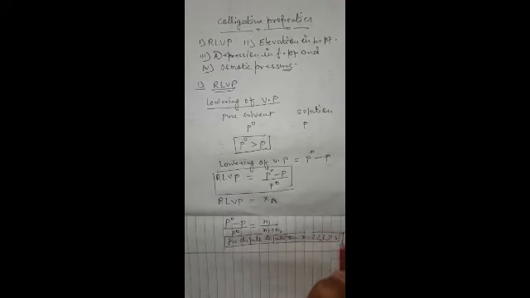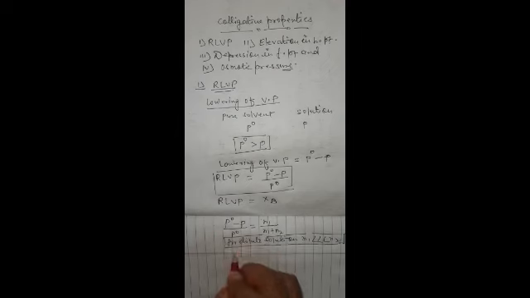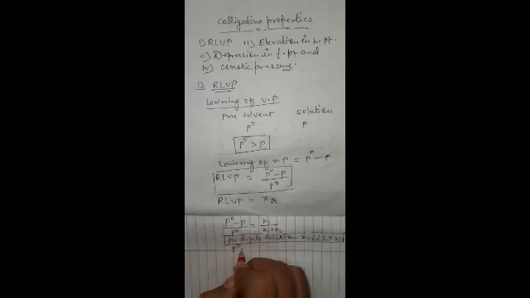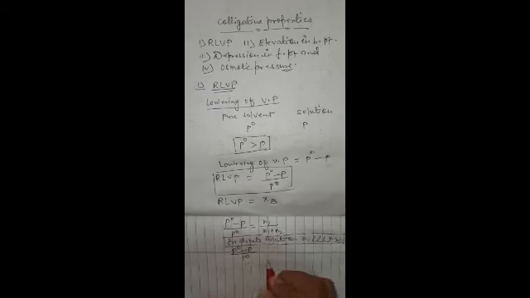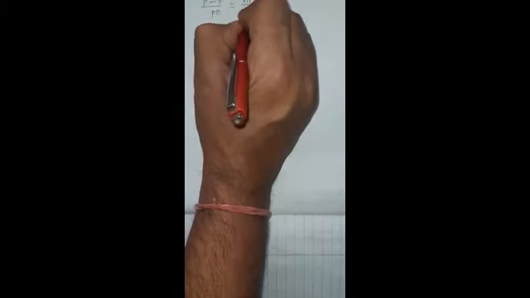So, P naught minus P by P naught is equals to N1 by N2.